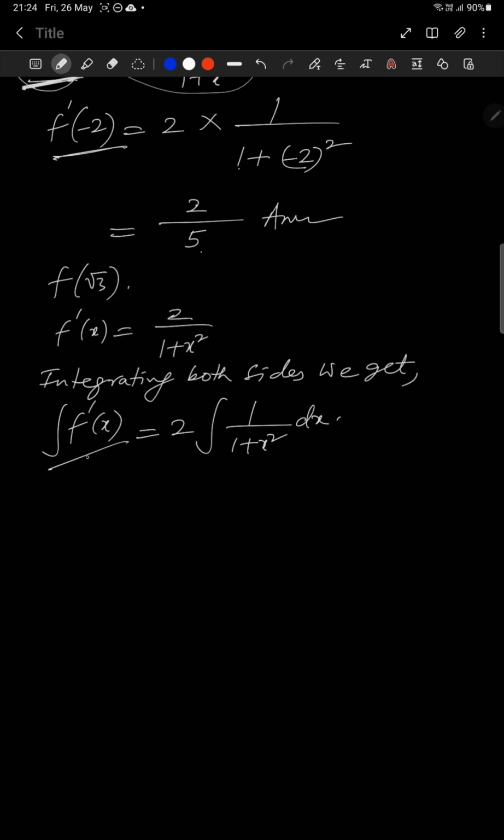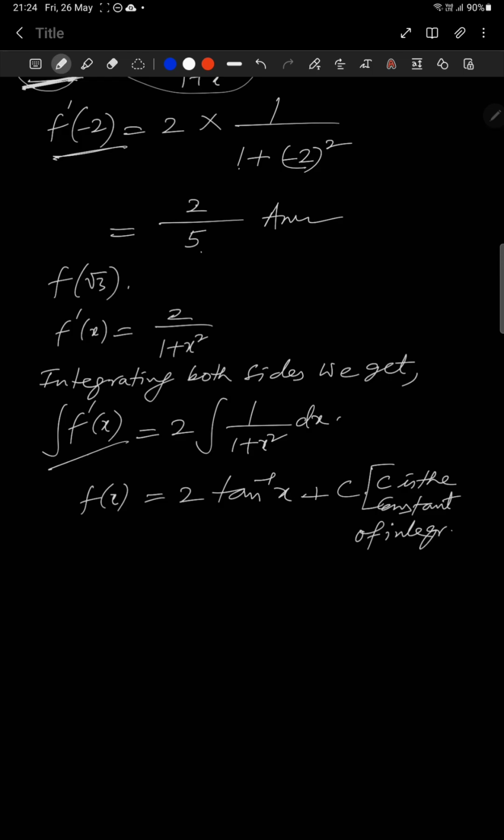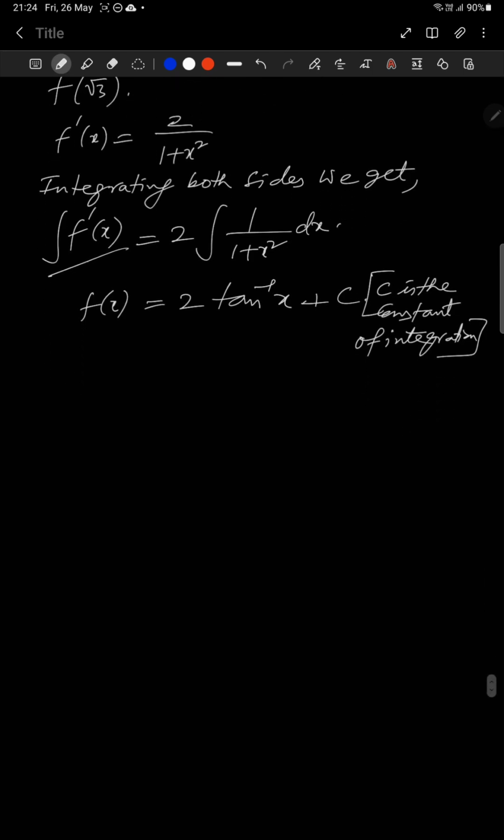This f dash x integration will give you f(x), and in the right hand side it will be tan inverse of x plus c, where c is the constant of integration. Okay, so what we have got is f(x) is equal to 2 tan inverse x plus c.